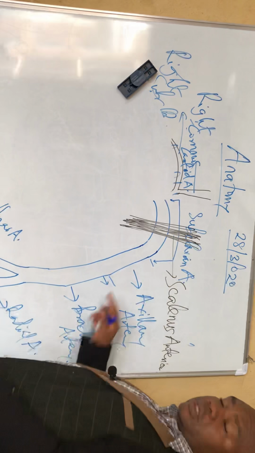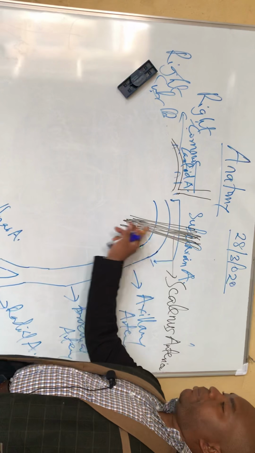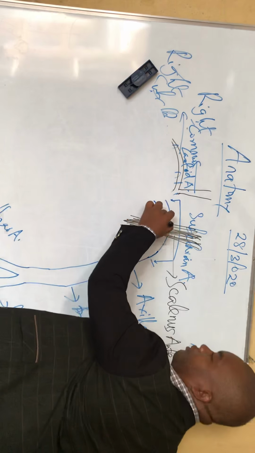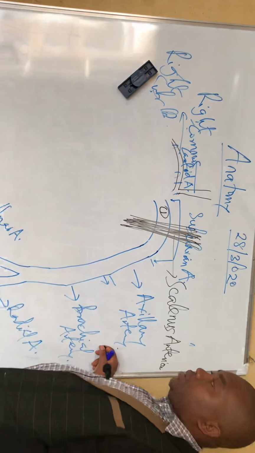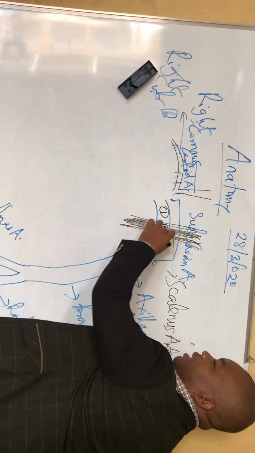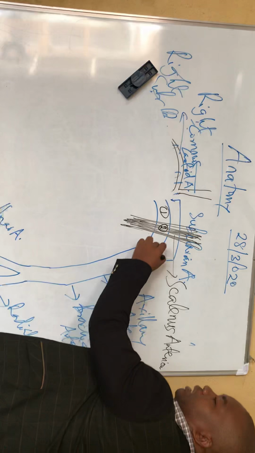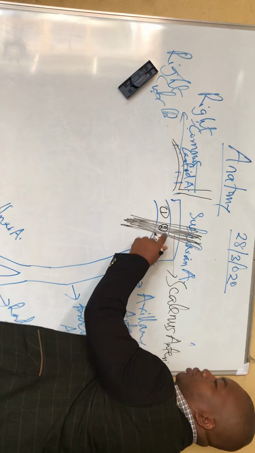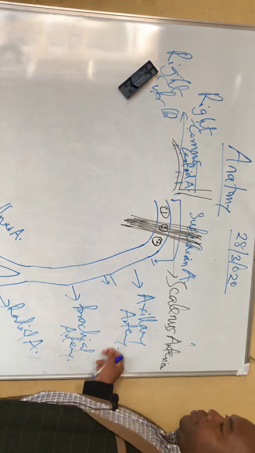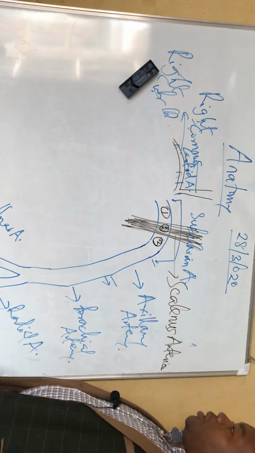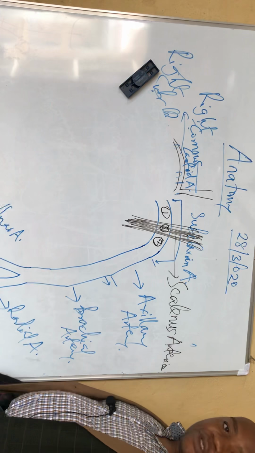Part 1 is the part before the scalenus anterior. The part behind the scalenus anterior forms part 2. The remaining part, distal to the scalenus anterior, forms part 3 of the subclavian artery.